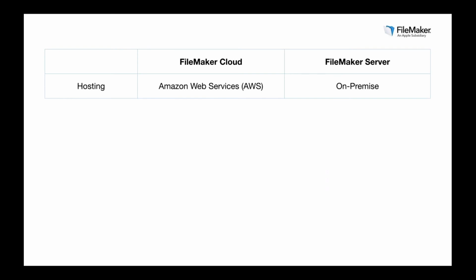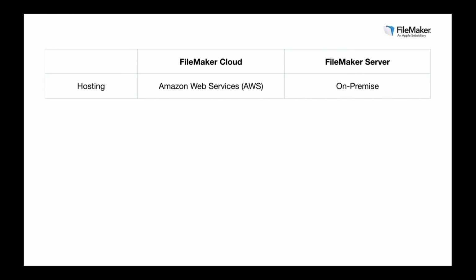Well, let's start first on the hosting part. With FileMaker Cloud, all the stored information is being stored on Amazon Web Services. So it's being stored in the cloud, and that's being taken care of completely for us. On FileMaker Server, as we said earlier, we choose the computer, and it's usually going to be on-premise. We choose exactly where it is. So there are pros and cons in this situation.